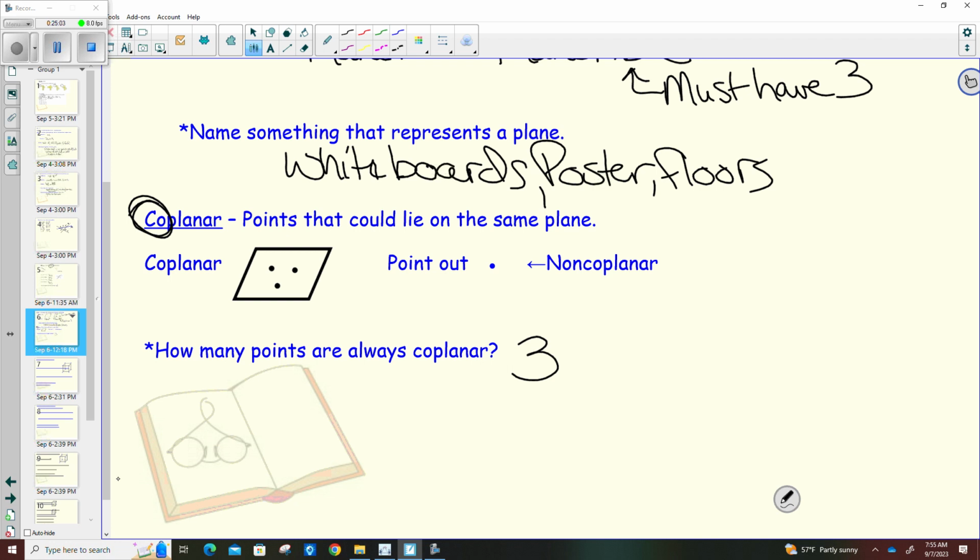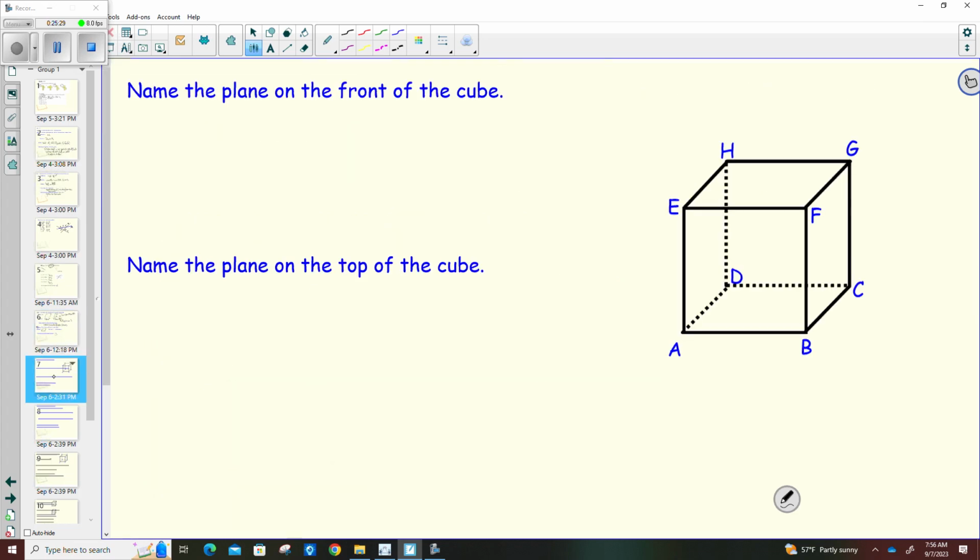Because in order to have that flat surface, you got to have 3 points tied together to be able to sit on a stool, to be able to tie it up and say it's in a plane together. So if I ask you on a test if A, F, and E are coplanar, do you need a picture? No, because it's 3 points. But if I ask you A, F, E, and B, then I got to look. I got to see what's on the picture. All right, turn the page.